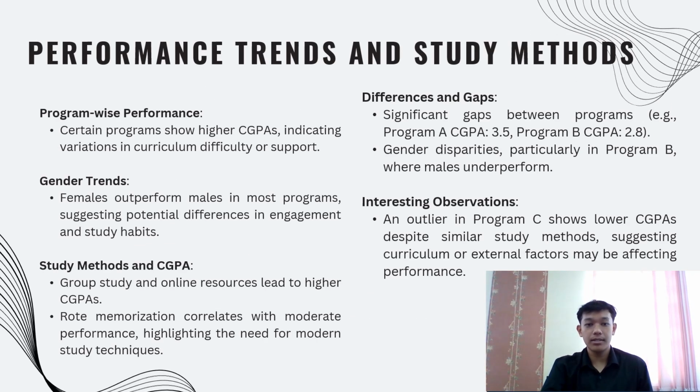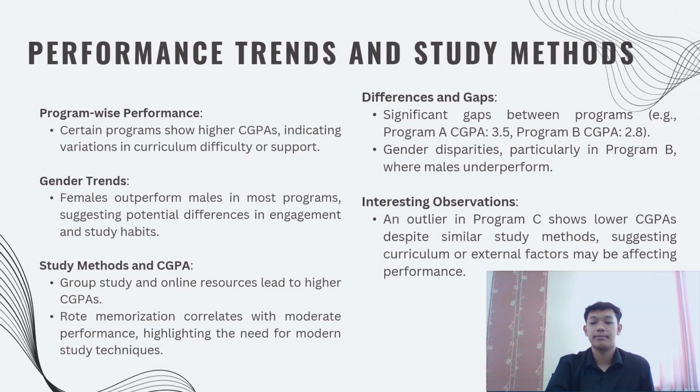To summarize the performance trends, certain programs showed higher CGPAs, possibly due to curriculum variations. Other than that, female students outperform males in most programs. And lastly, group study and online resources were linked to higher CGPAs, while rote memorization led to moderate results.